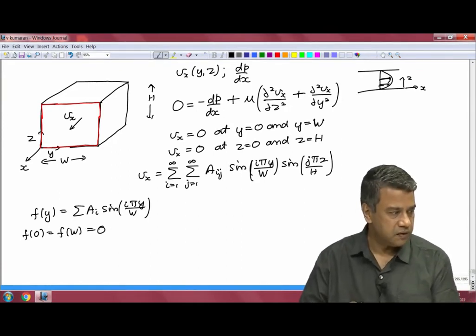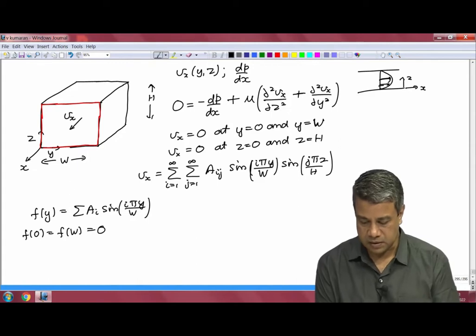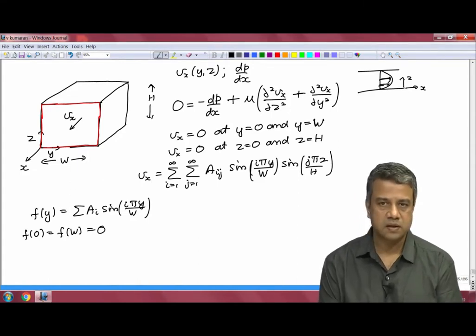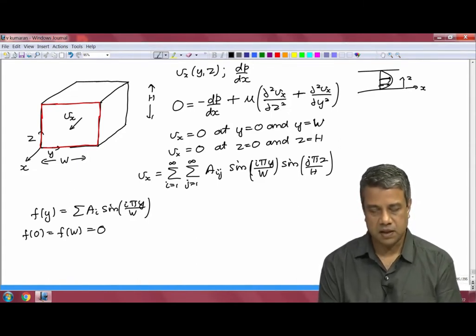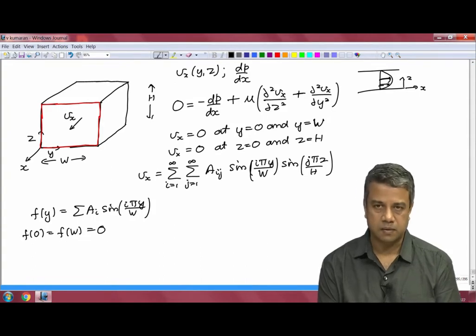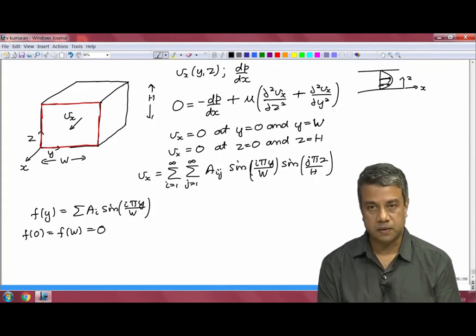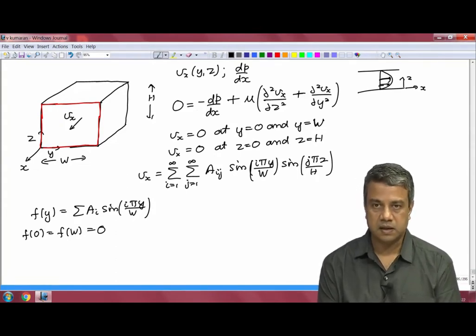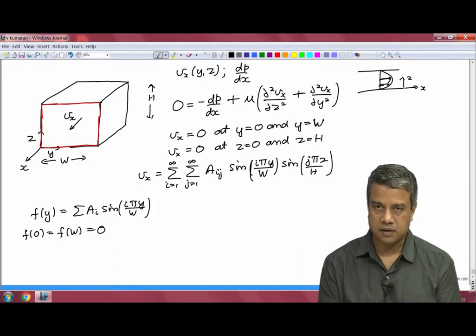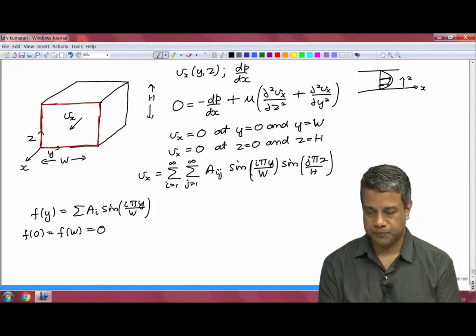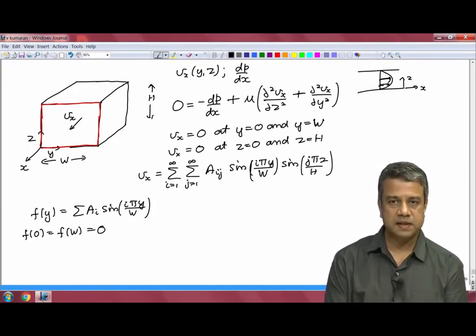If it has 0 at both boundaries, then it can always be expressed as the summation of a coefficient times sine of i pi y by w, because these functions are complete and you multiply both sides by sine of j pi y by w, integrate, and use the orthogonality to determine what these coefficients are. So, this expansion is always possible.